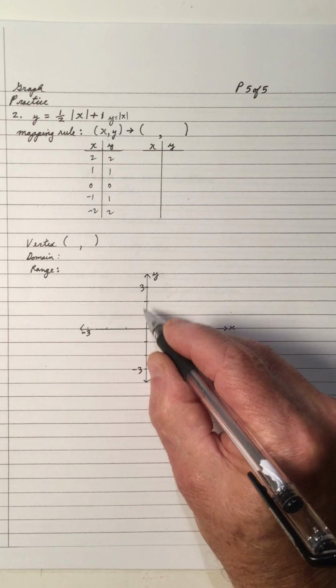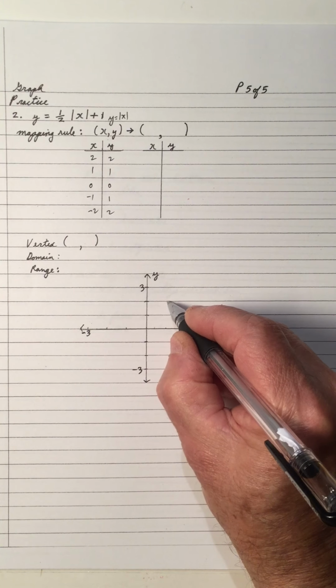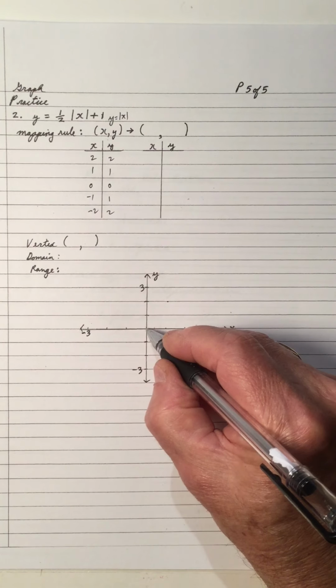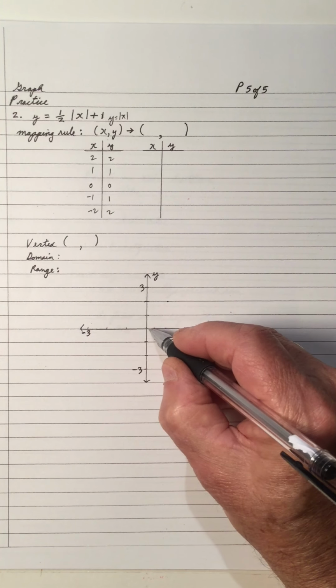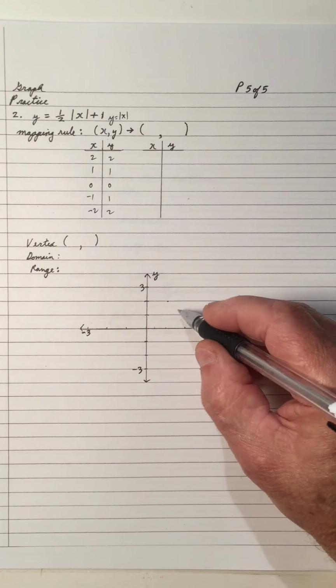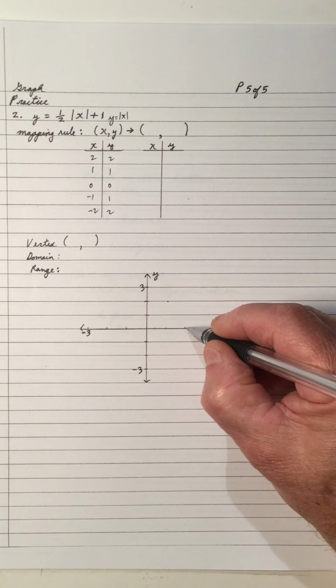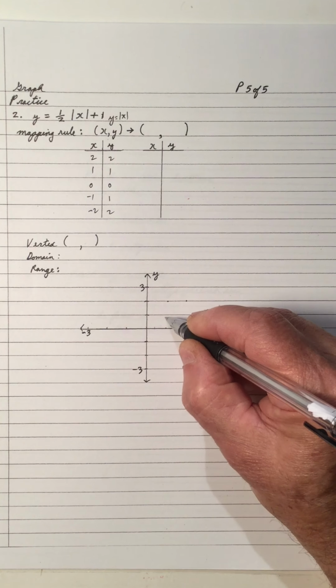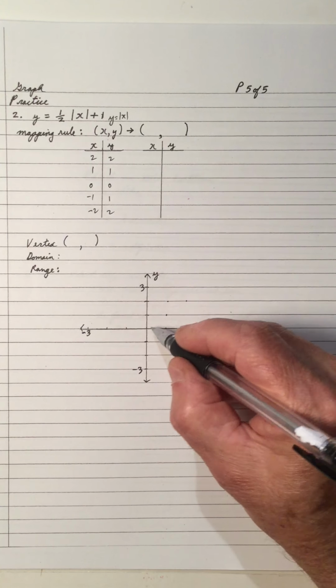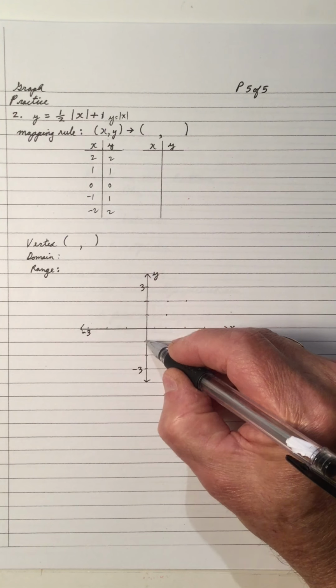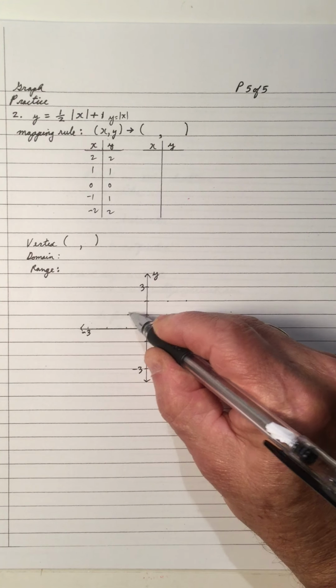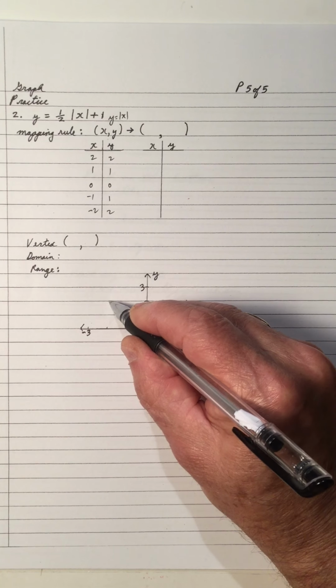And the graph x is 2, 2, 1, 1, 0, 0, negative 1, 1, negative 2, 2.